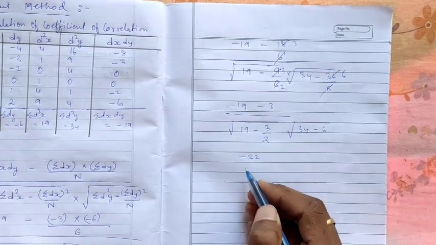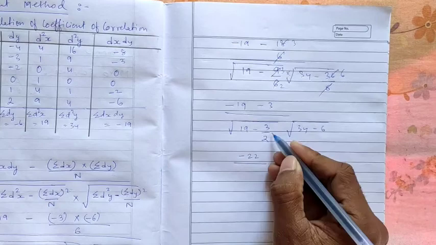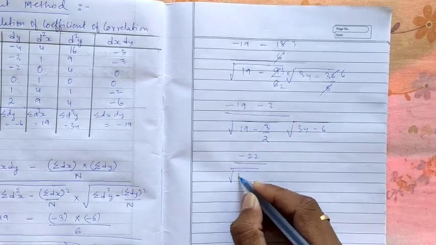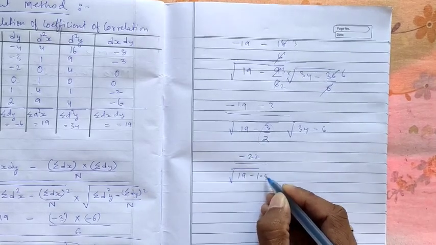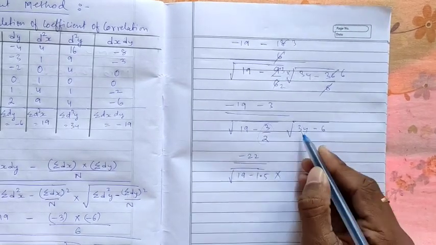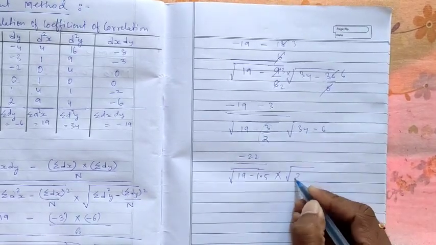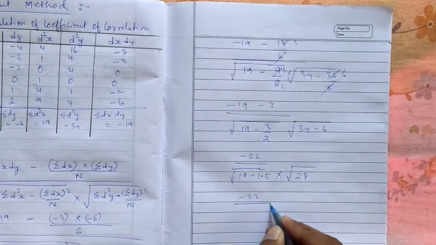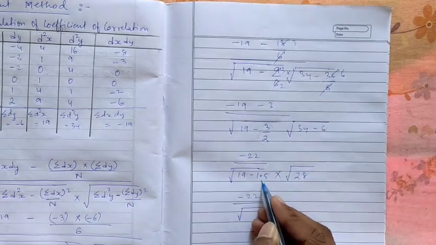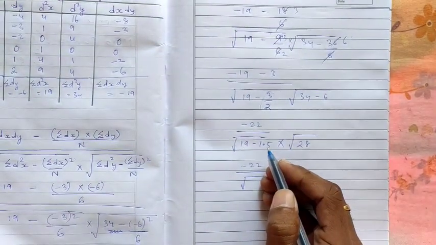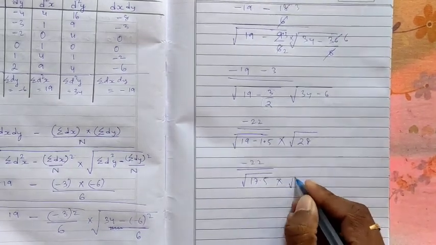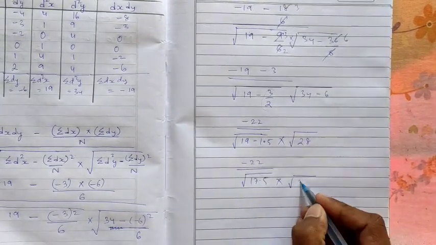Clear? Both are minus, so the minus sign will come. Can we write 3/2 as 1.5? Yes, under root 19 minus 1.5. Multiplied by under root 34 minus 6, which is under root 28. So minus 22 divided by under root 17.5 into under root 28.